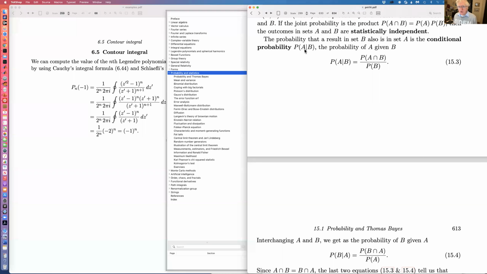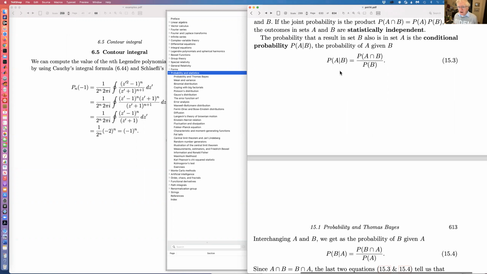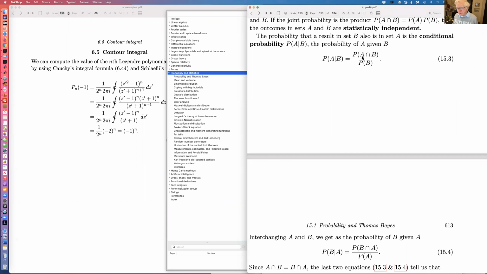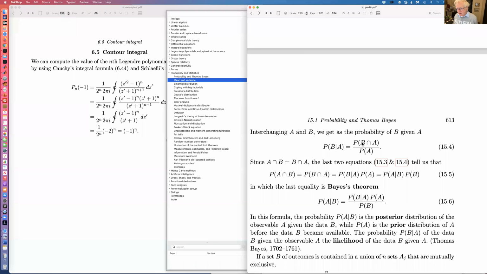The conditional probability of A given B is the probability of A and B divided by the probability of B. Or to put it differently, if you take the probability of B times the probability of A given B, you get the probability of both A and B. And these things are completely symmetrical. So you can say the probability of B intersection A is the probability of A times the probability of B given A.